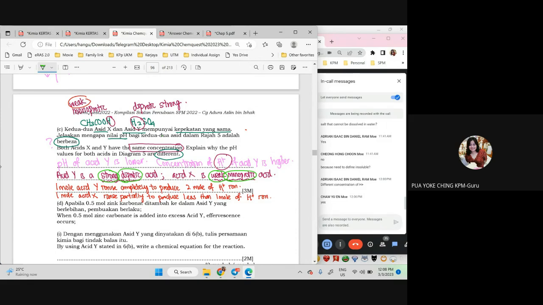If this is HCl, this is strong mono, then only you will write 1 mole HCl ionized completely in water to produce 1 mole H plus.